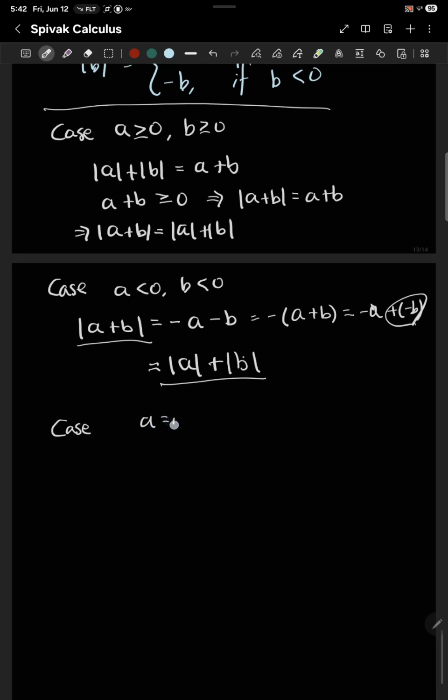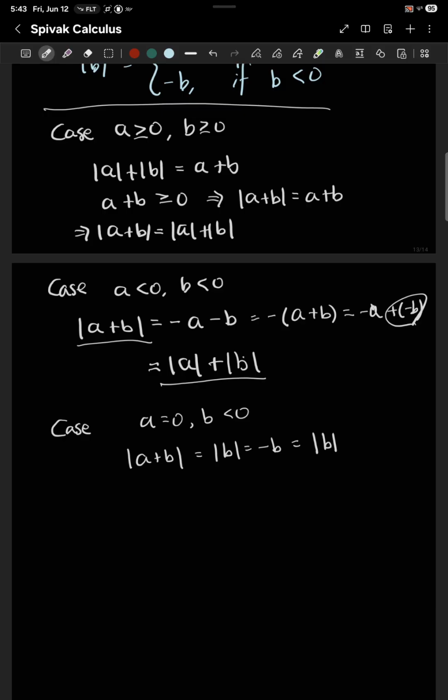When a is equal to 0 and b is less than 0, then the absolute value of a plus b is the absolute value of b, which is negative b. This is also the same thing as the absolute value of b, right?